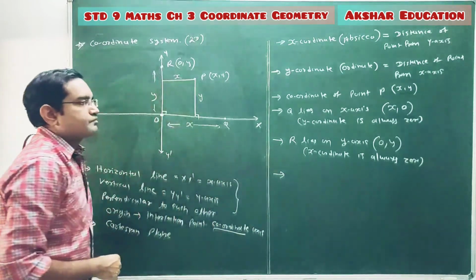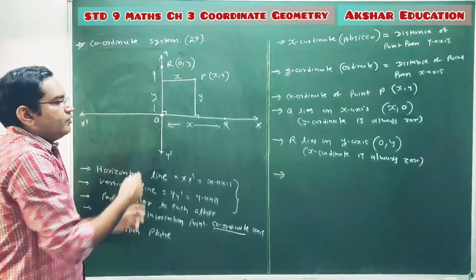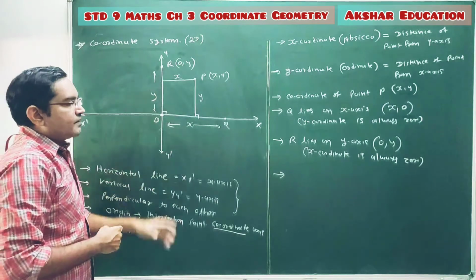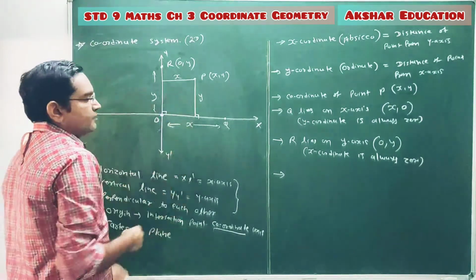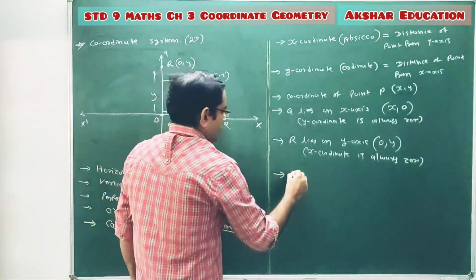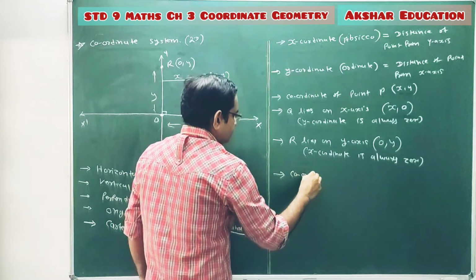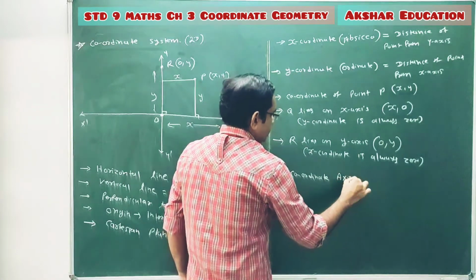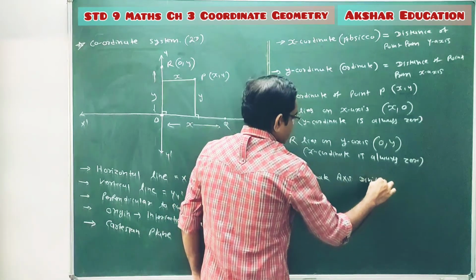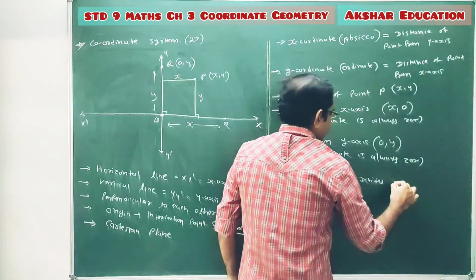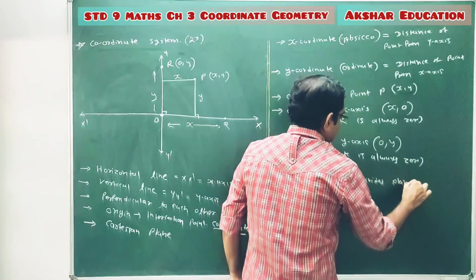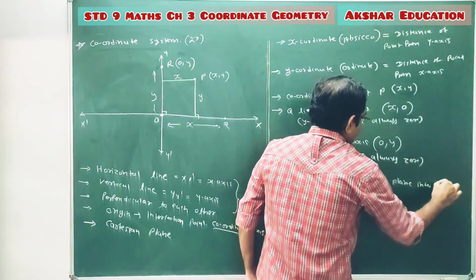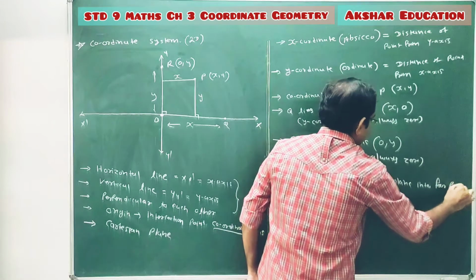Clear now? Now the perpendicular coordinate axes divide our Cartesian plane into 4 parts.